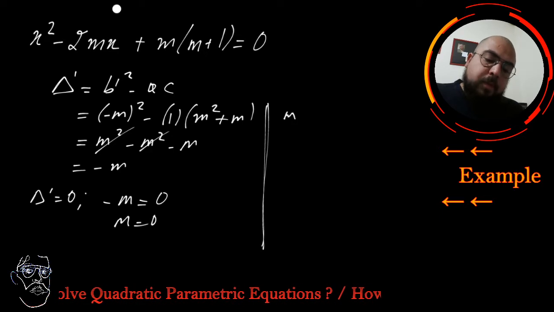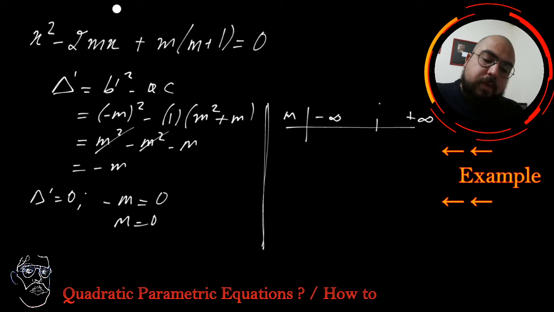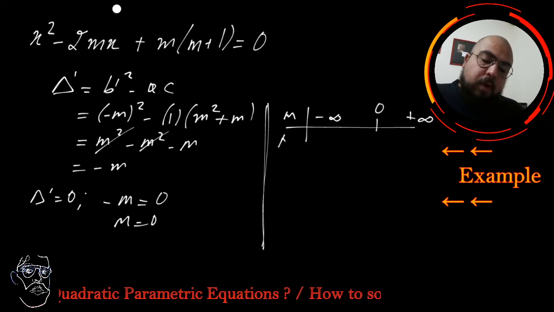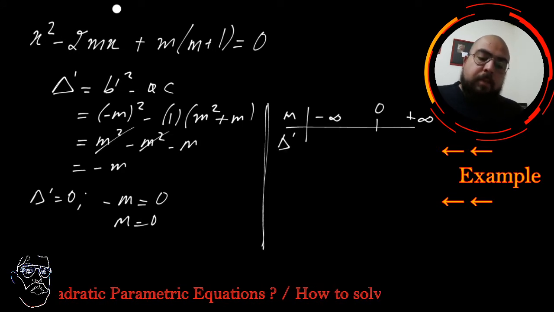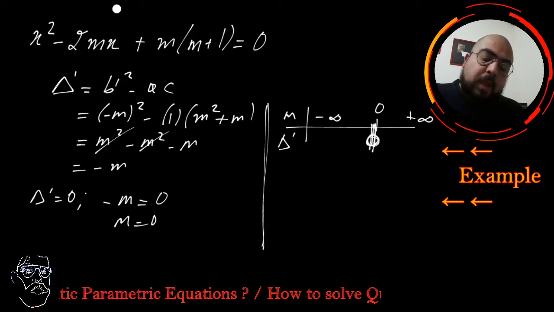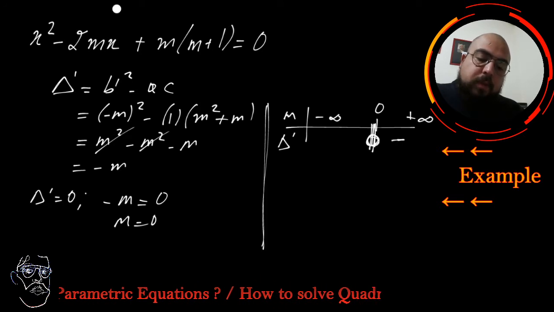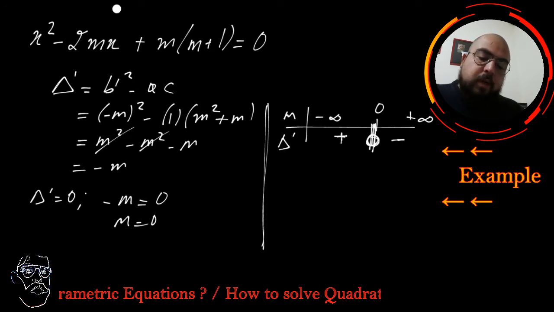So m, going from minus infinity to plus infinity, passing through the value of 0, delta prime, which is of course minus m, will be equal to 0 whenever m is 0, and it will be negative on the right side, positive on the left side.